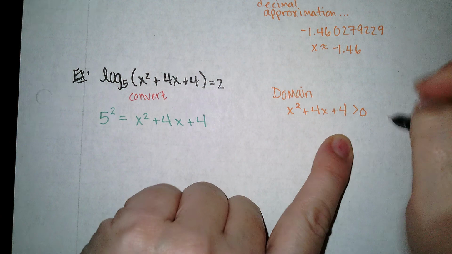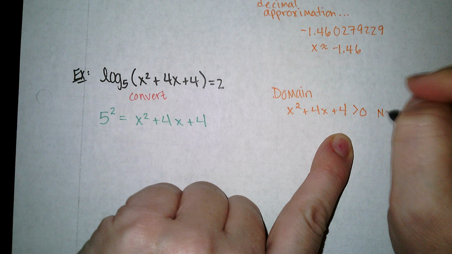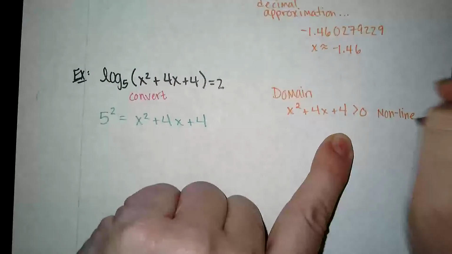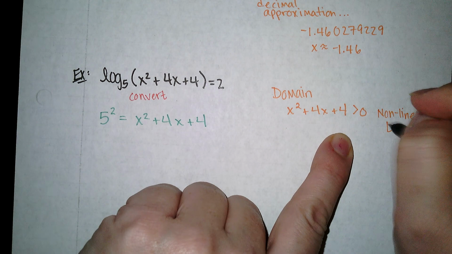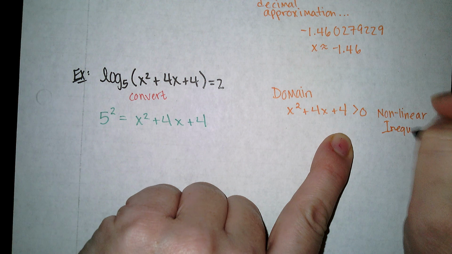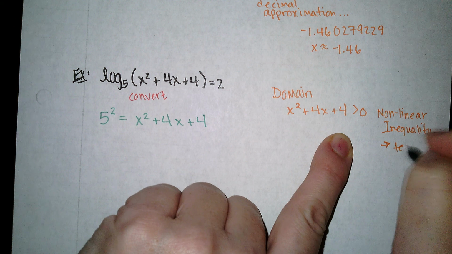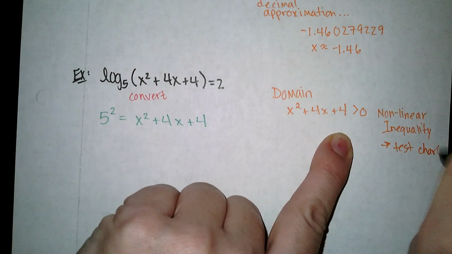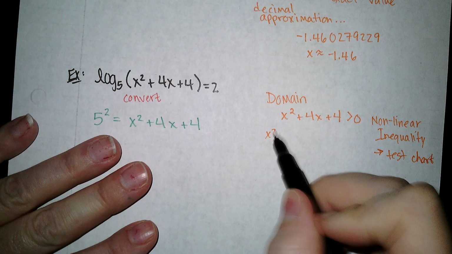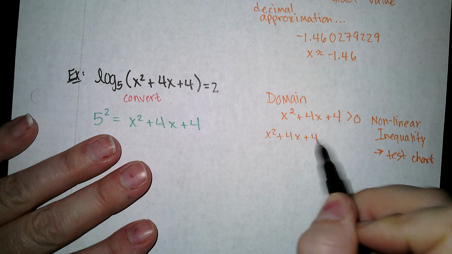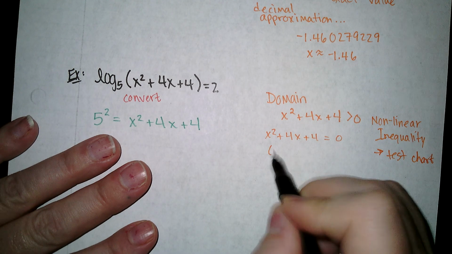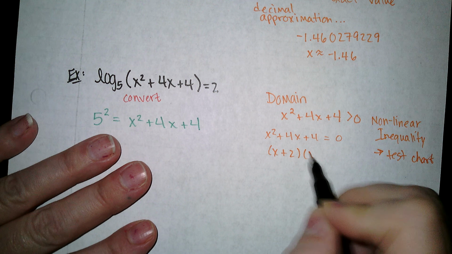This is, unfortunately, another nonlinear inequality. And you know what that means. If we have a nonlinear inequality, that means we're going to need a test chart. So I replace my inequality with an equal sign. I'm going to solve that equation.